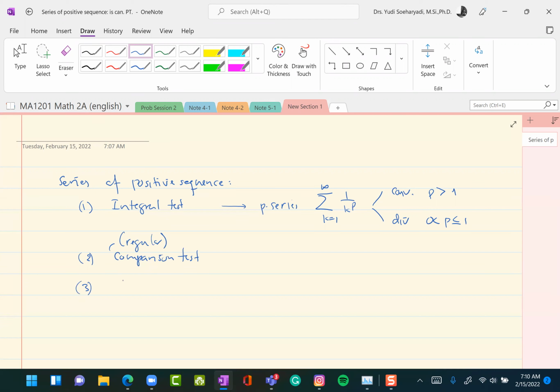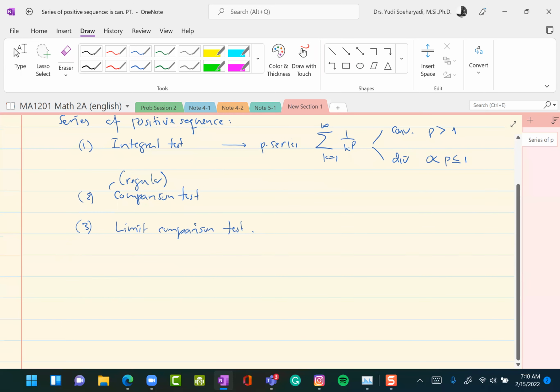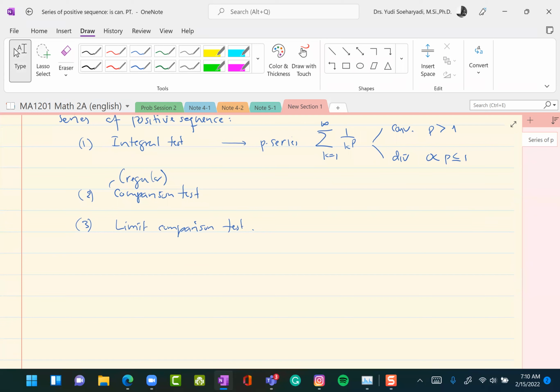And then last time we also had what we call the limit comparison test. These two are the most useful things for checking convergence of a series. I'll repeat the limit comparison test before we start with another one.